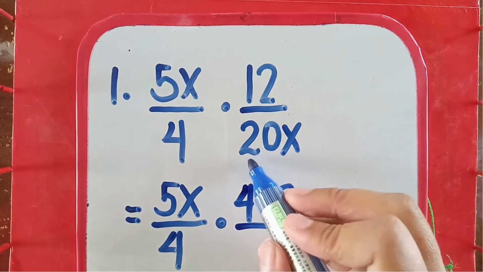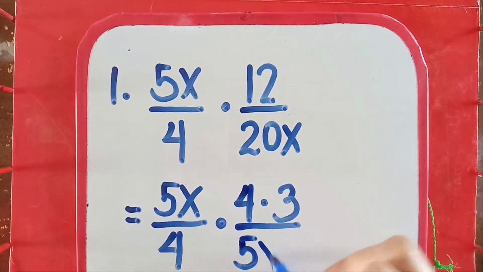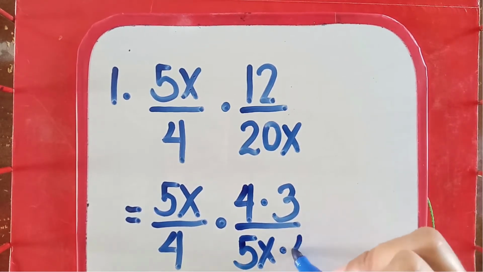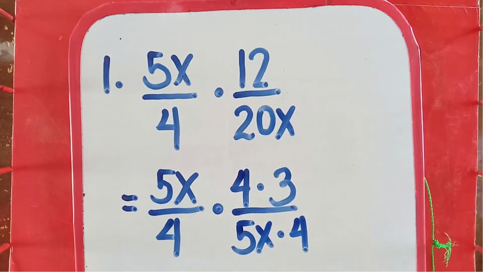And then 20x can be factored as 5x times 4. And then we can cancel common factors. So ano yung common factor natin dito? So we have 5x. So we can cancel this.